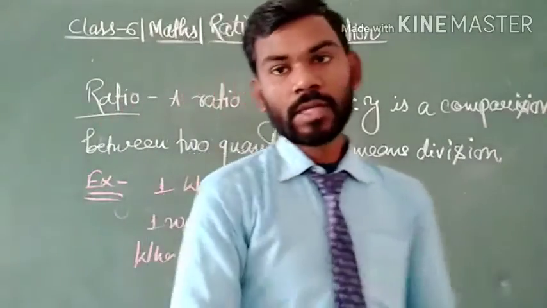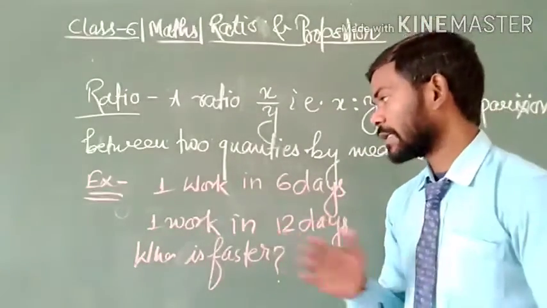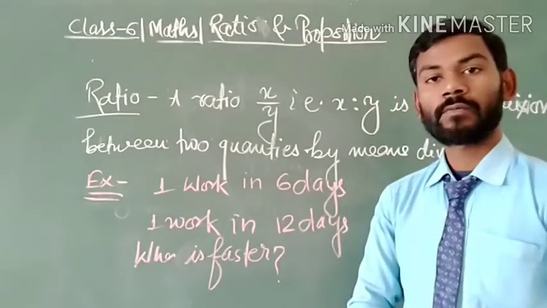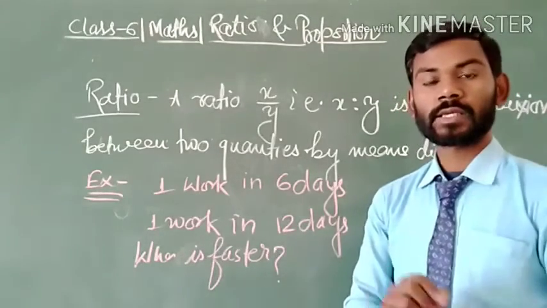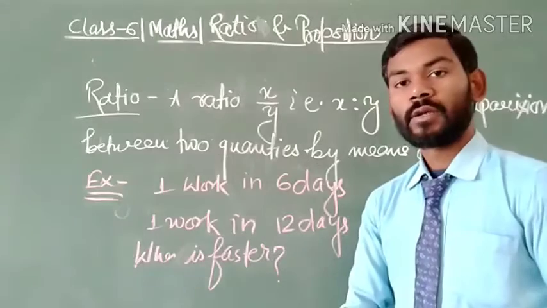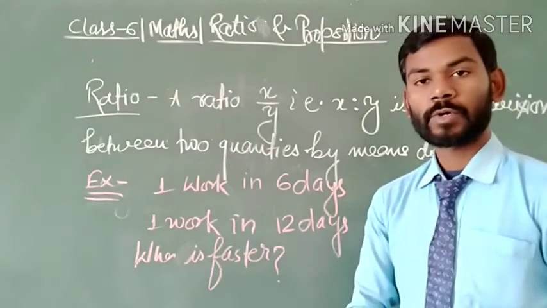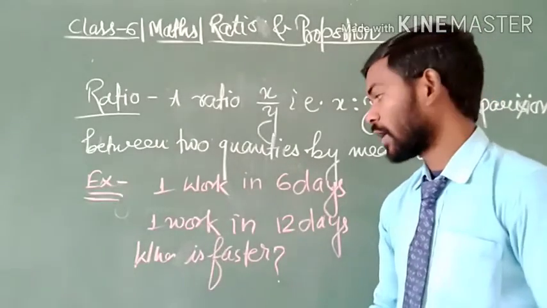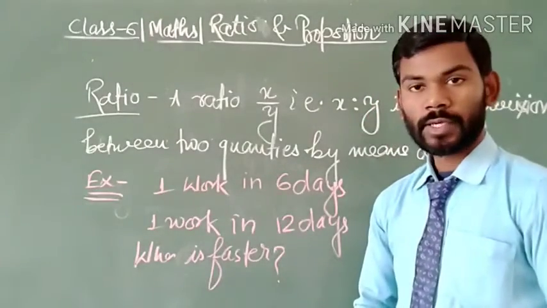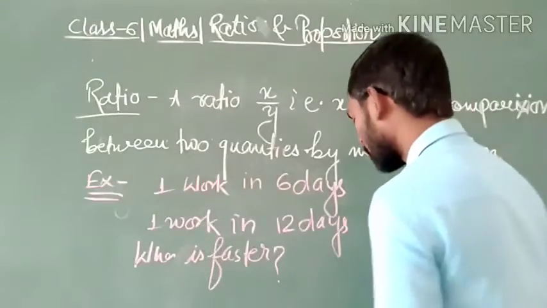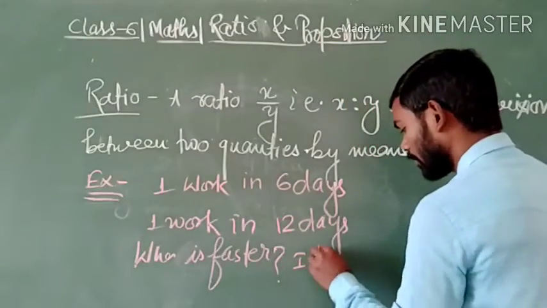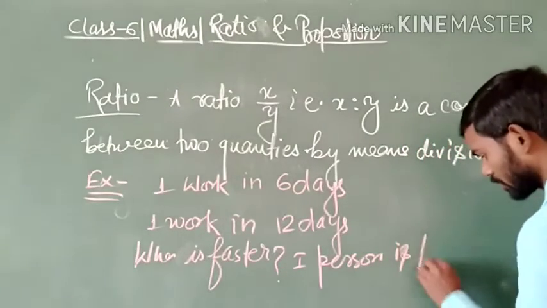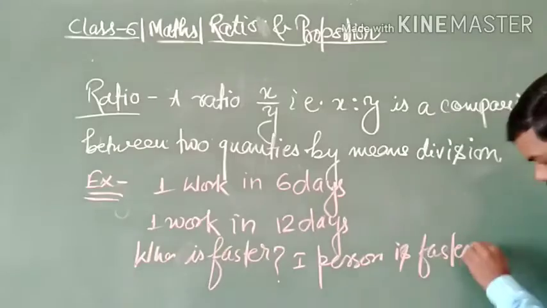Since in these two statements the person who completes the work in 6 days is faster than the person who completes the work in 12 days, our answer will be: the first person is faster.